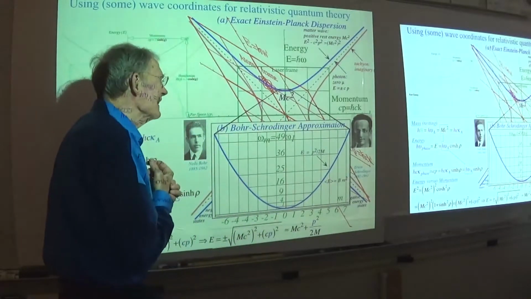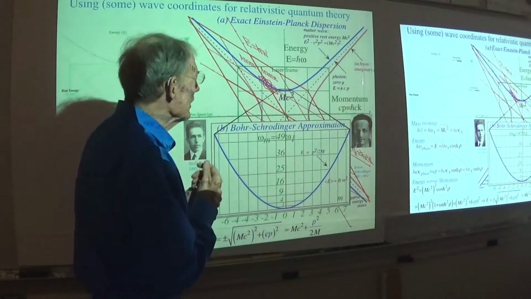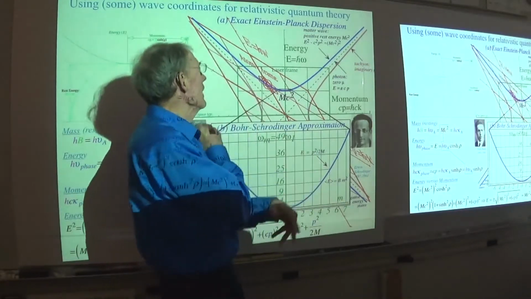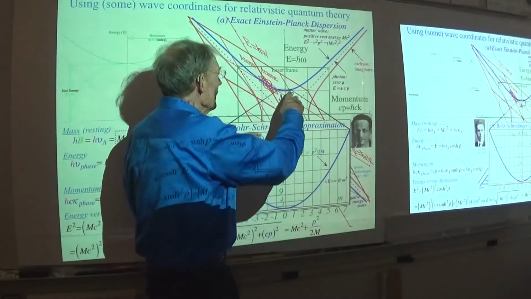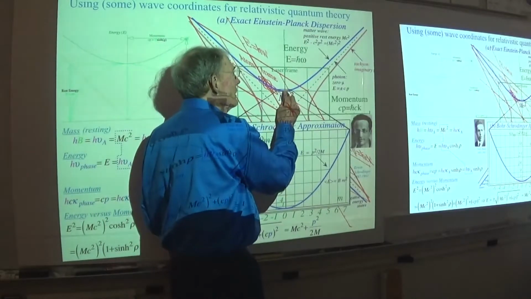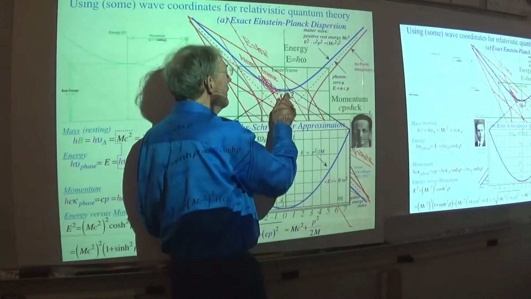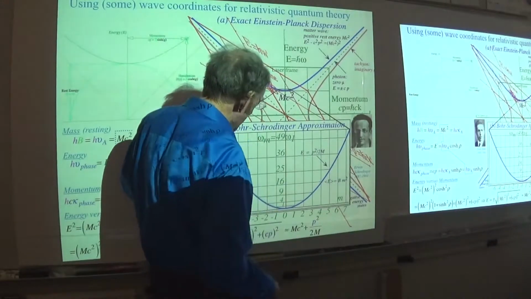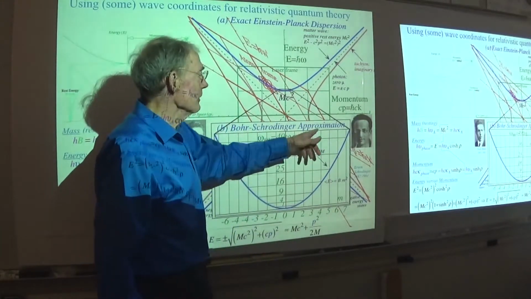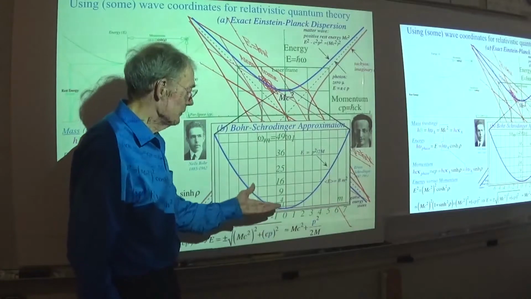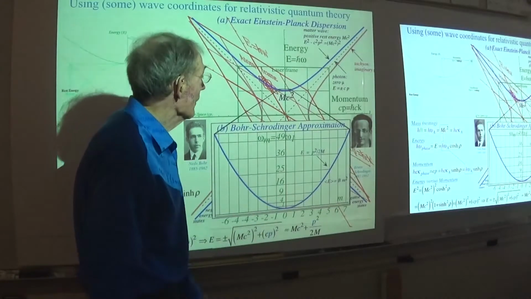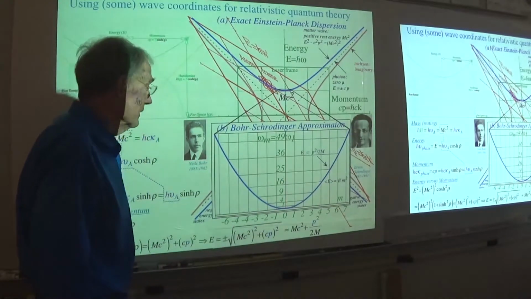Okay, 3 times 10 to the 8th squared is 9 times 10 to the 16th. We throw that in the trash can and bring this origin up to the bottom of this hyperbola, which is the Bohr-Schrödinger approximation to the dispersion function that the hyperbola would normally give.